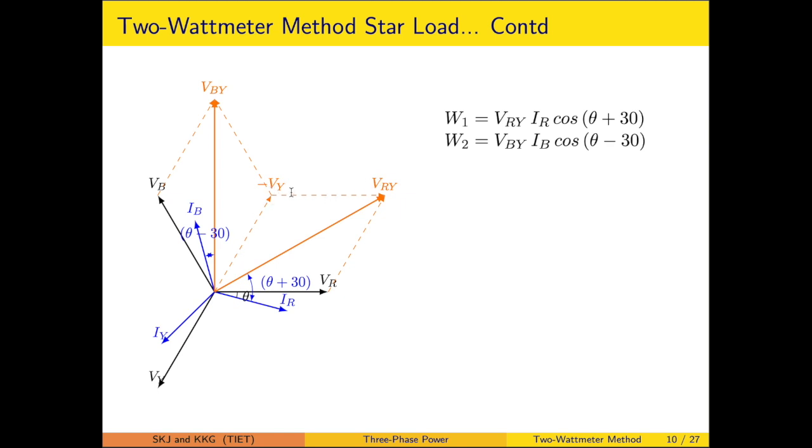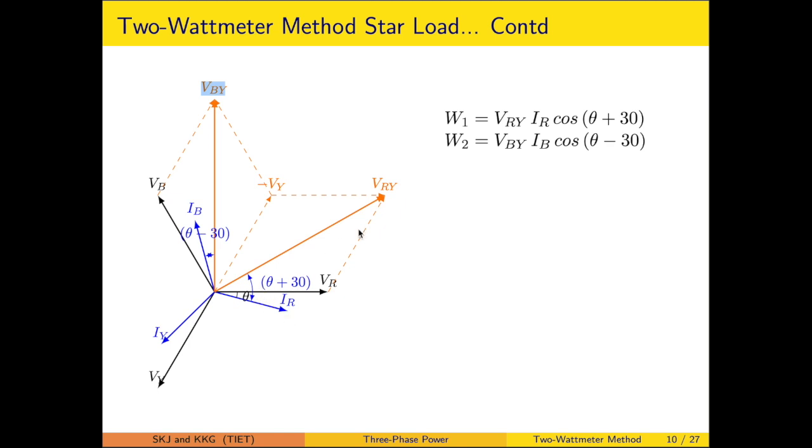This negative of VYN will also help us in calculating VBY by the law of parallelogram, which is nothing but VBN minus VYN. Now we see that there is an angle between VR and IR, that is the power factor angle theta.